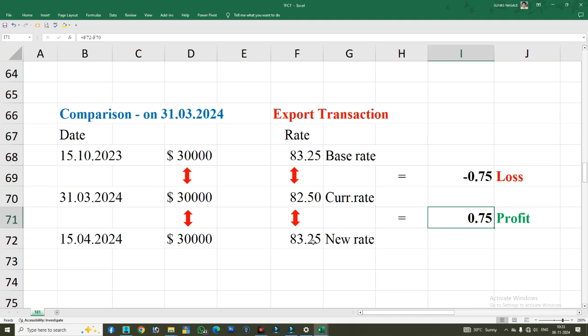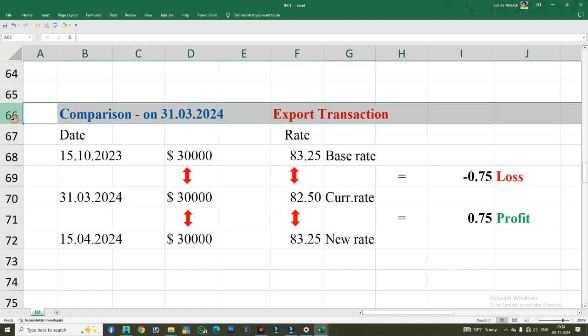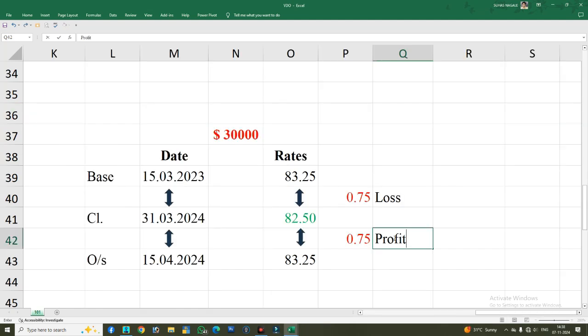It means 83.25 is higher than 82.50. So this is the very important calculation, or we can say comparison, as per the application of Accounting Standard 11.